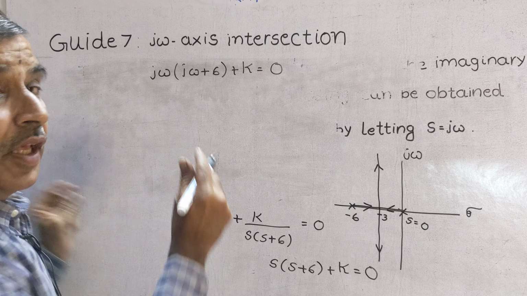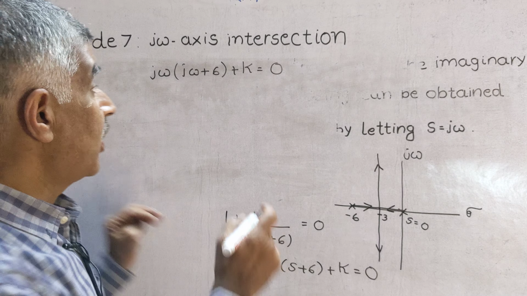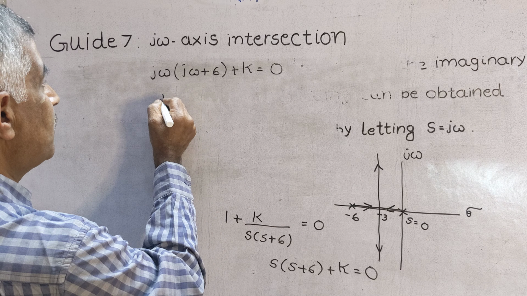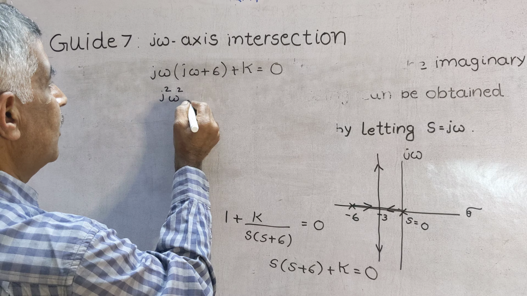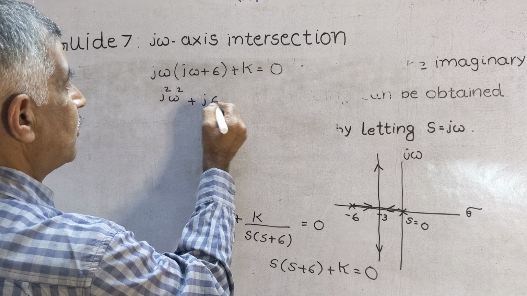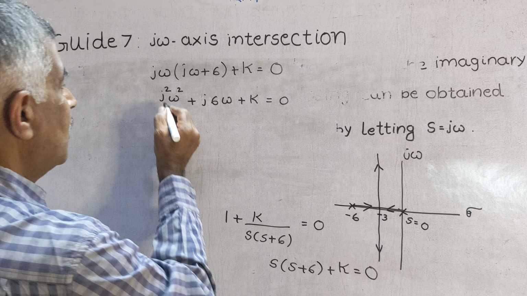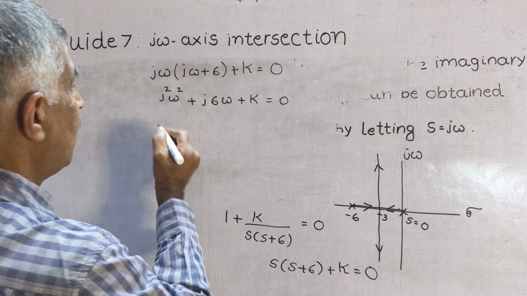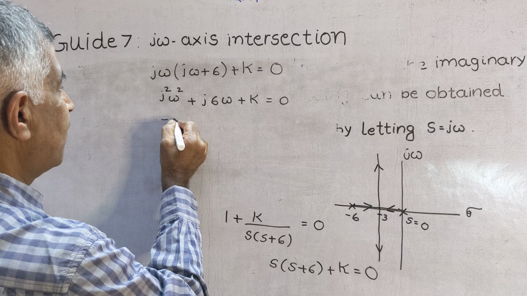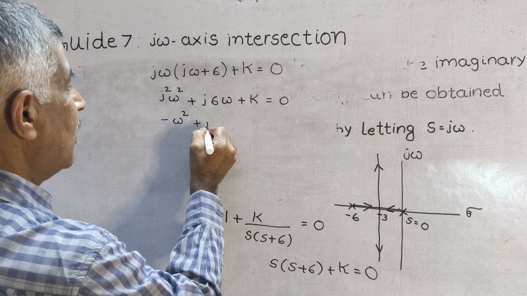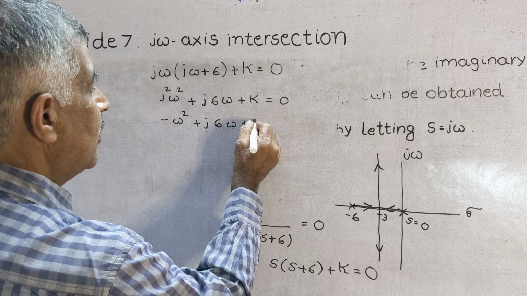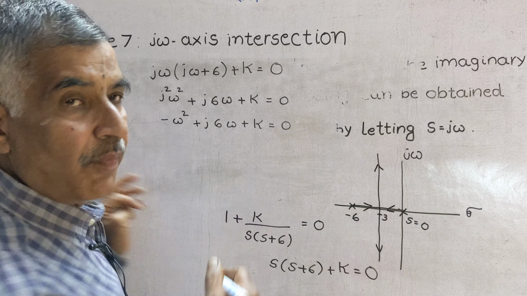Next, separate real parts and imaginary parts. Now multiply: j squared omega square plus j6 omega plus k equal to 0. J squared is minus 1. Therefore minus omega square plus j6 omega plus k equal to 0.